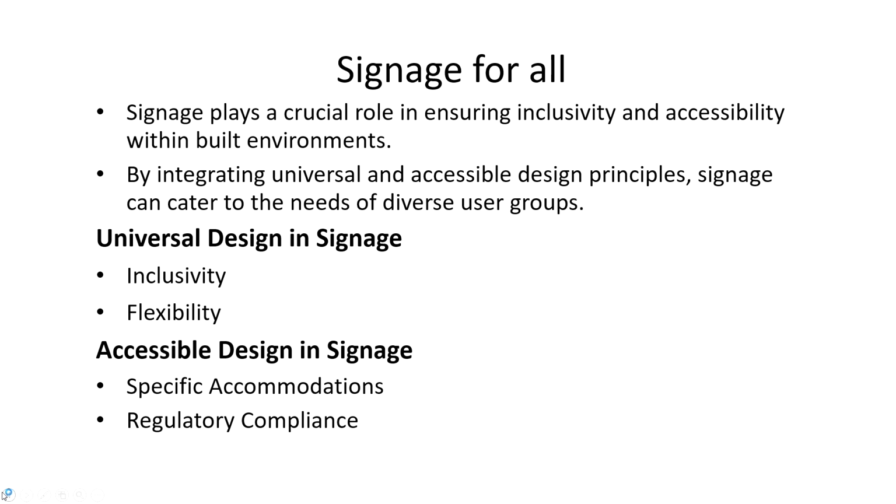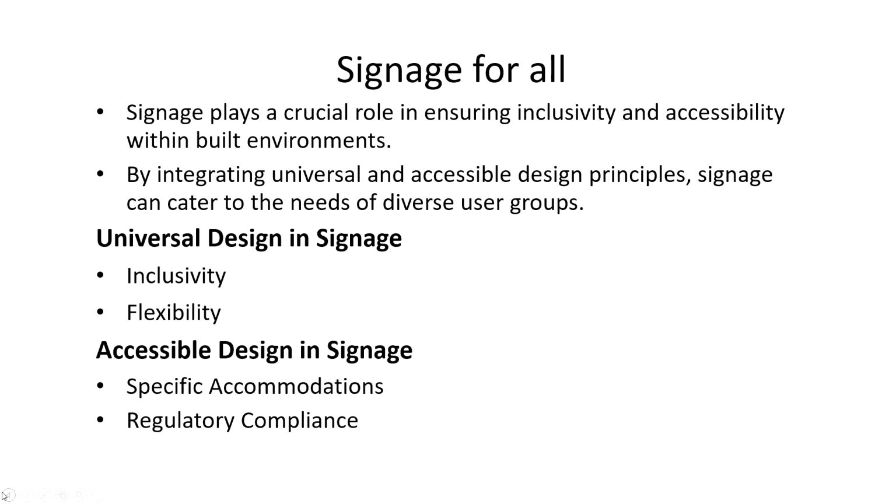Universal design means flexibility. That means signage should be flexible enough to cater to different preferences and needs. This means various communication modes like visuals, sounds, touch to ensure everyone can access the information they need at that particular time. Whereas, if we talk about accessible design, it talks about specific accommodations.